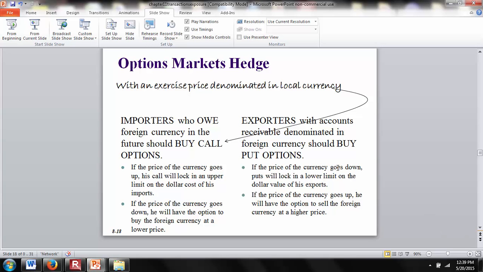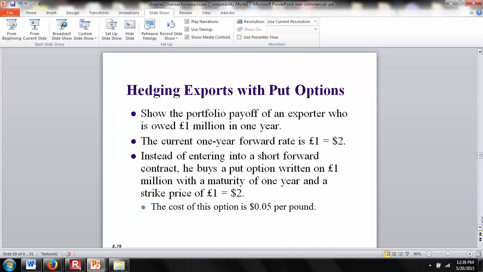And if you are an exporter, so you are Microsoft or Apple, exporters with accounts receivable denominated in foreign currency should buy put options, and if the price of the currency goes down, puts will lock in a lower limit on the dollar value of his exports, and if the price of the currency goes up, he will have the option to sell the foreign currency at a higher price. So these are the two cases.